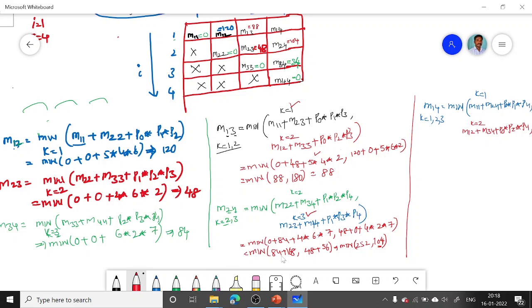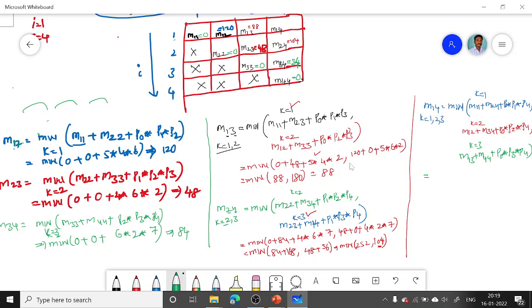And for K equal to 3, one more we have: M of Ik, M 1 3, plus M of K plus 1 J, 4 4, plus first projection does not change, second projection is P3, and third projection does not change.